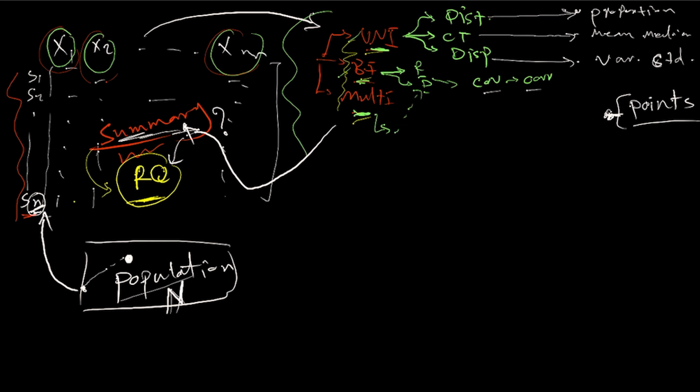So the first question is, how can you be sure that this summary you have yielded are actually good representative or actual image of the population behavior? These points here, proportion, mean, variance, also happen to exist in the big population.